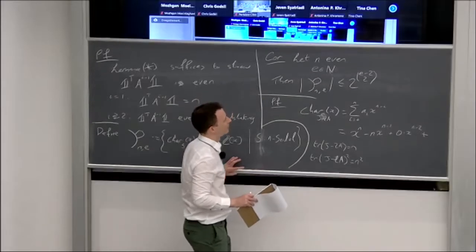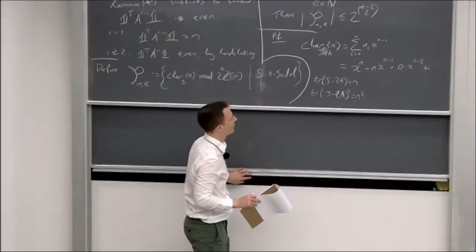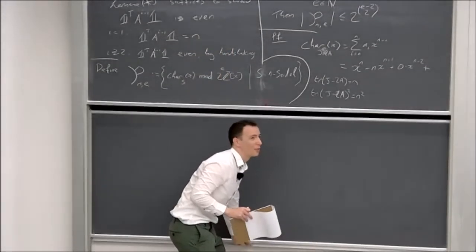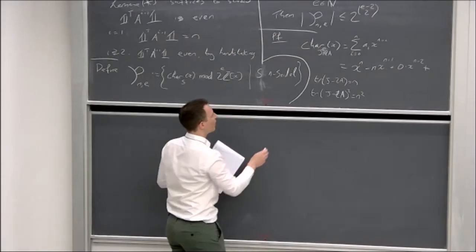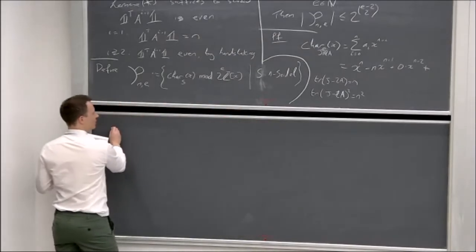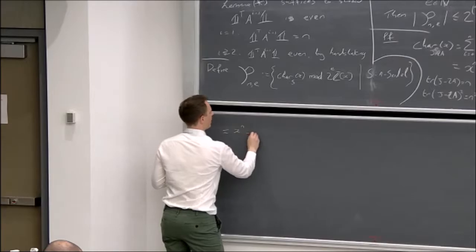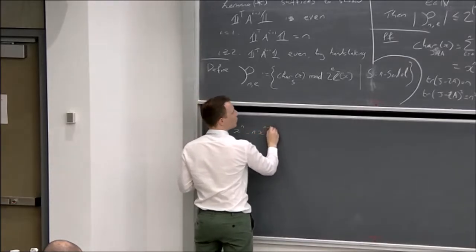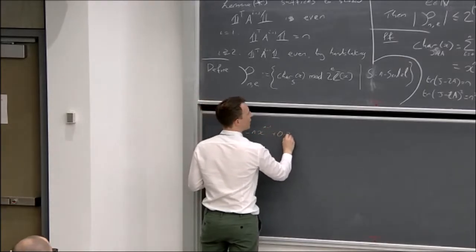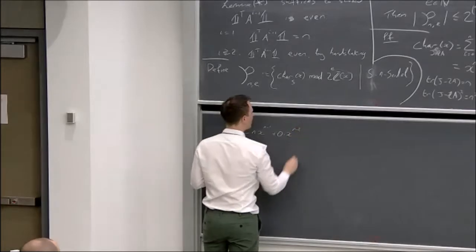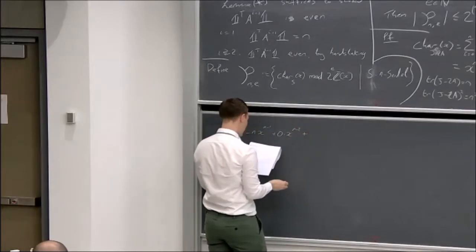Now let's continue writing out this polynomial. So I'll just rewrite over here. This is x to the n minus n times x to the n minus 1, plus 0 times x to the n minus 2. Now we get into uncharted territory.